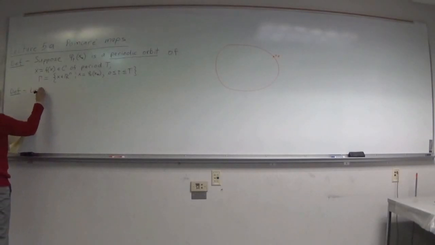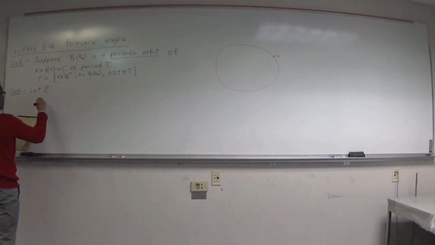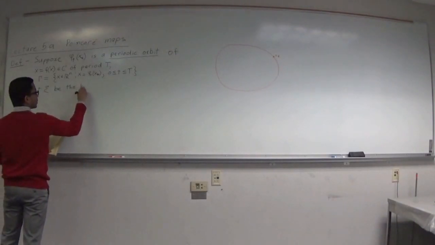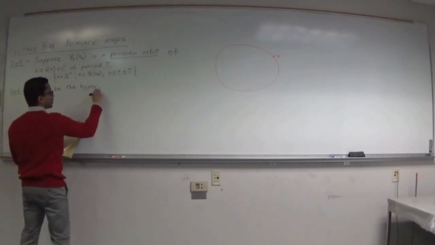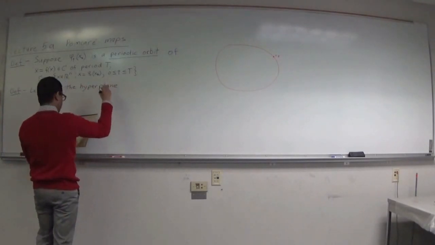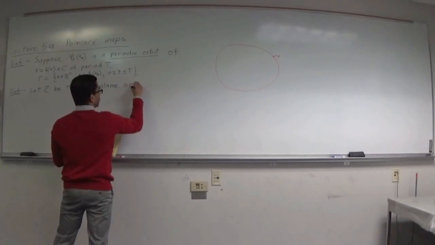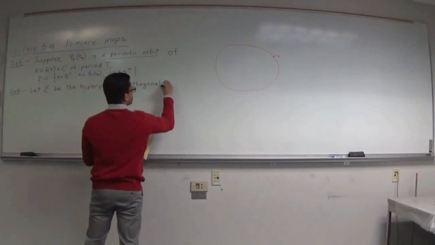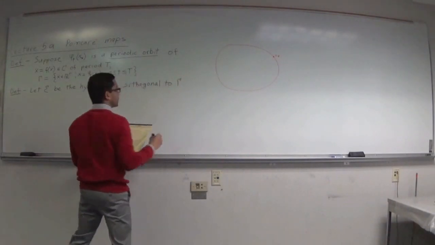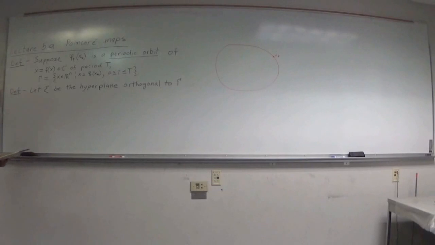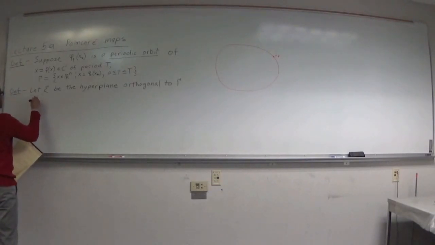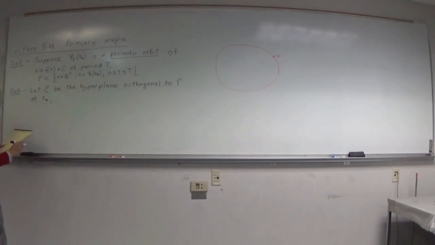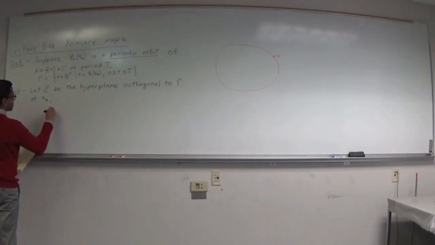Let sigma be the hyperplane orthogonal to gamma. It's a hyperplane orthogonal to the periodic orbit gamma at this point x star, whatever x star may be.